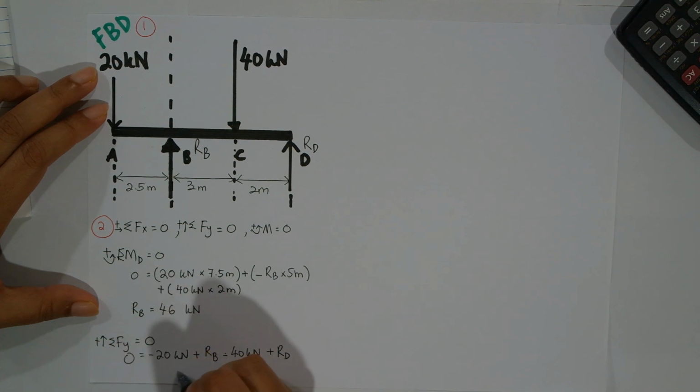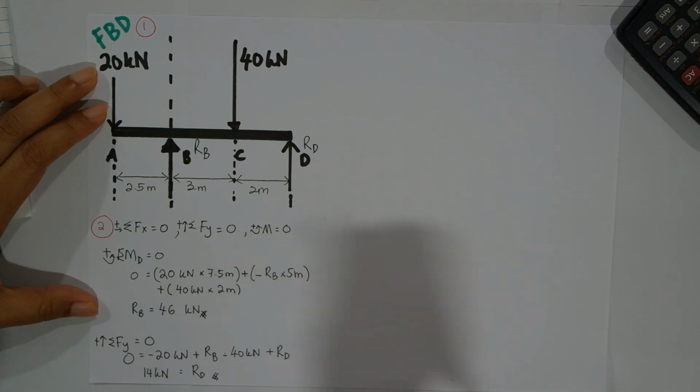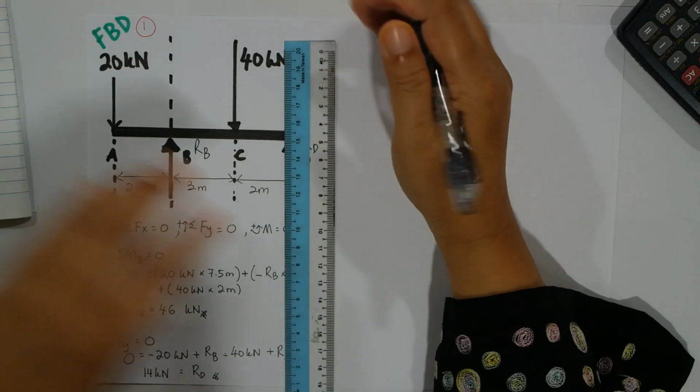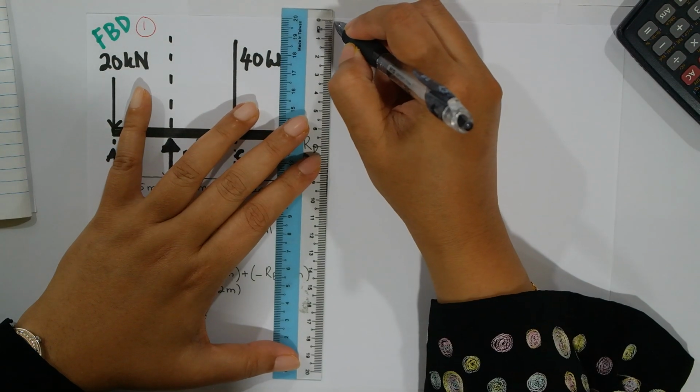When we substitute RB into this, we find RD is 14 kilonewton. So you obtain your unknown forces.